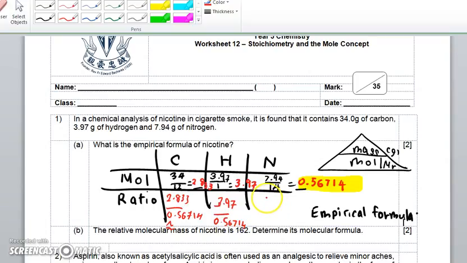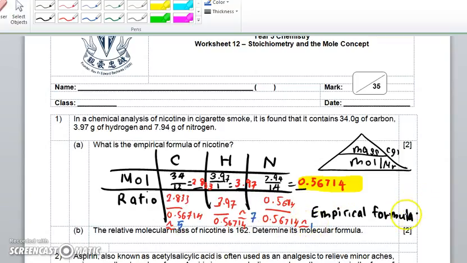And of course, this one divided by itself. What is the answer? If I work it out, it is approximately 5 to 7 to 1.